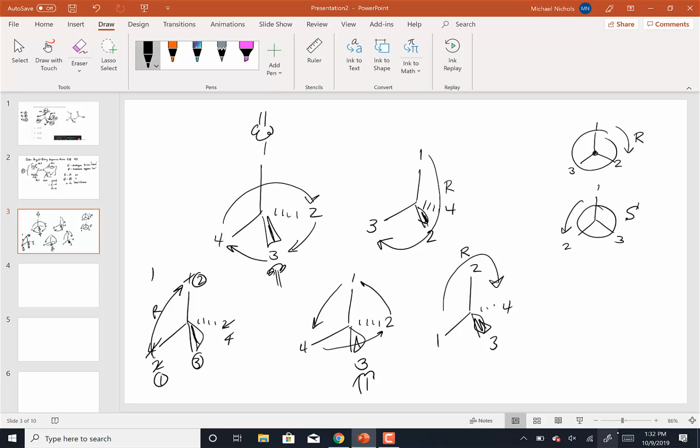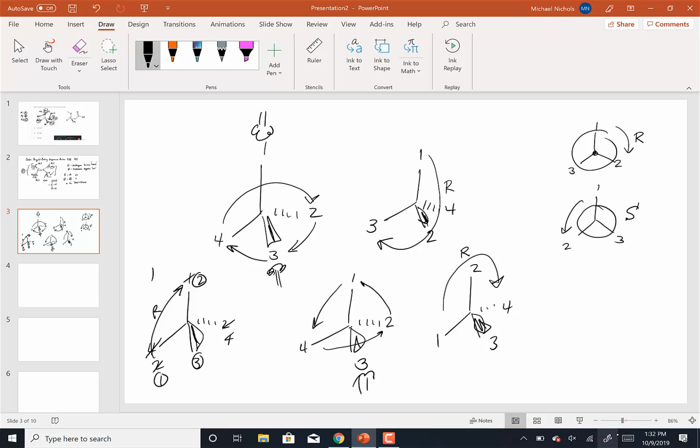But that's why you have to do problems, because the more problems you do, the more comfortable you'll become with this, even to the point of looking at groups and going, oh, that's 1, 2, 3, 4, very quickly. Okay. But that's how we do R and S.